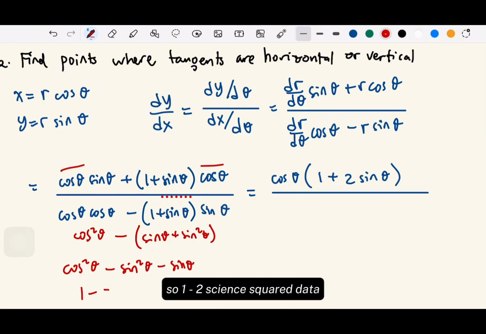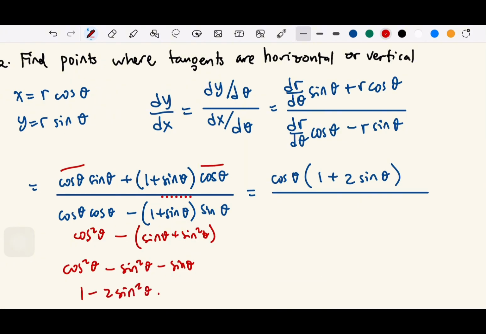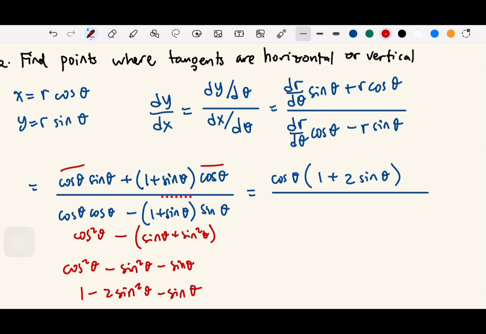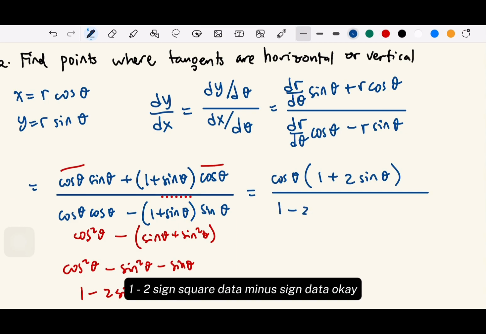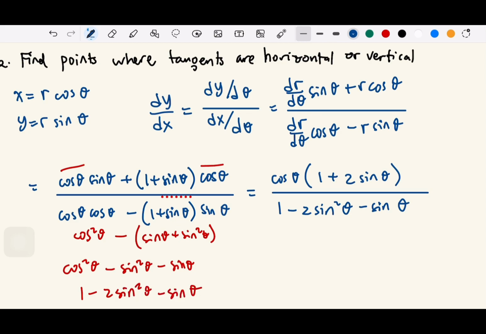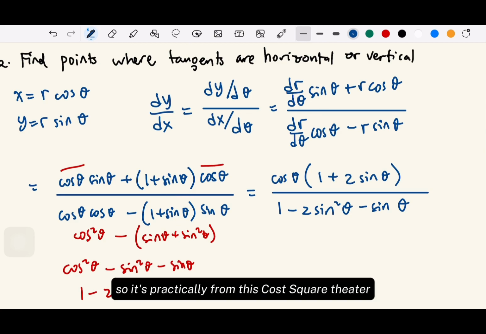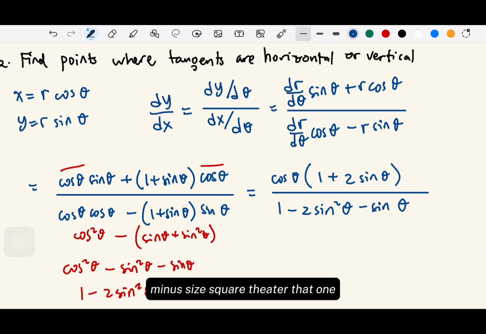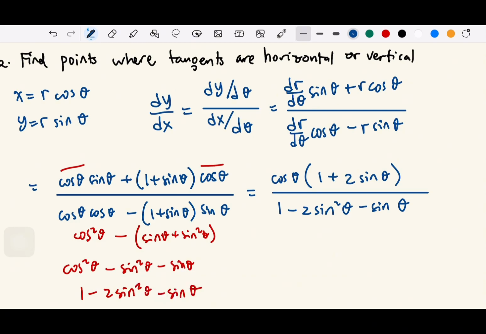So 1 minus 2 sine squared theta minus sine theta. So I will have the quadratic expression of sine. Okay, so cos squared theta minus sine squared theta, this one here, we can write as this, right?